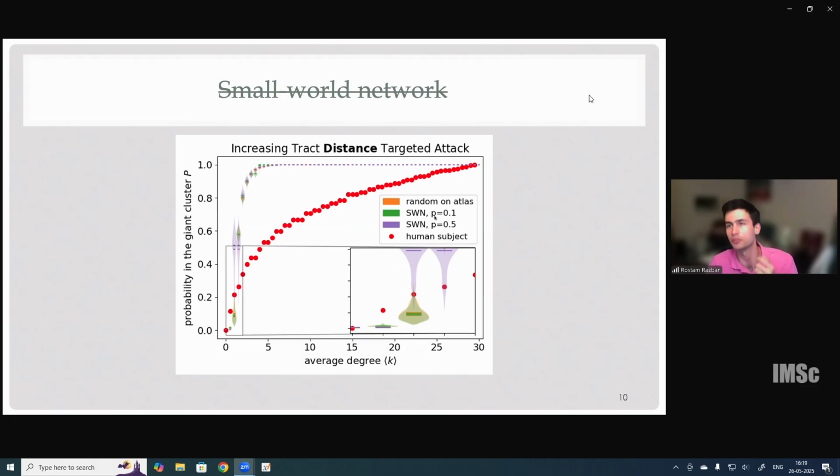This P is controlling how far it is along the completely random and perfect lattice architecture. So this model network is all about assuming that the brain is somewhere in between. And this P is controlling where you are in between. So P equals 0.1 means that you take 0.1 of the edges in the lattice and make them random. So it's a little bit closer to lattice, and then P equals 0.5 is you're halfway in between lattice and random.